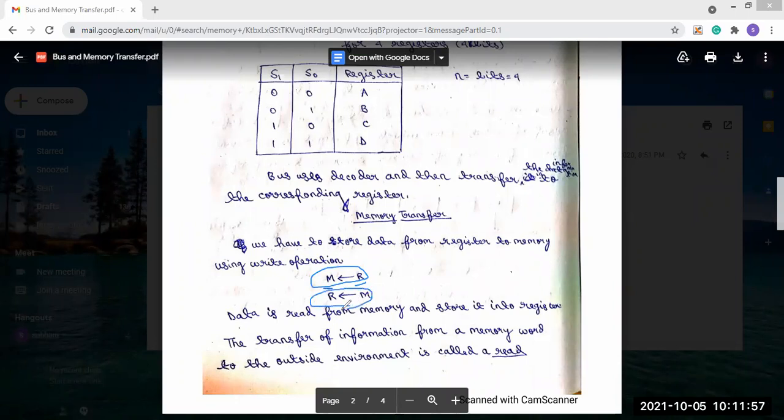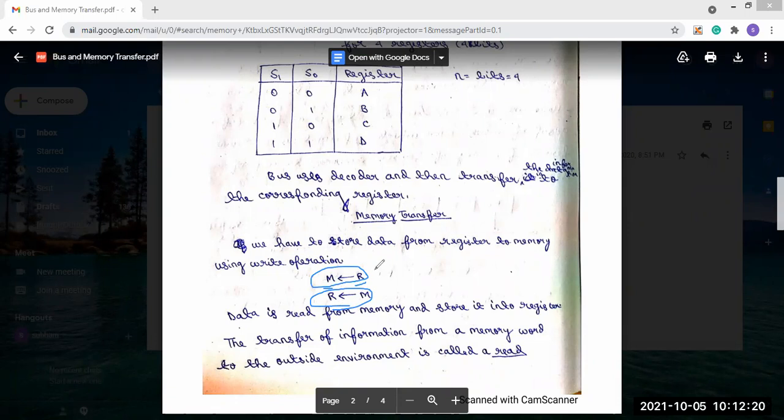So this will be the memory read operation. If you don't remember, only use this portion, and then you will remember and be able to explain what memory read and memory write are. If you don't remember the definition, there is no problem.